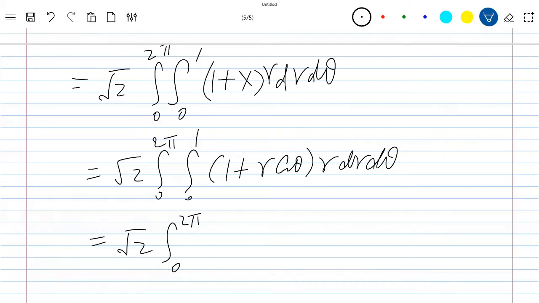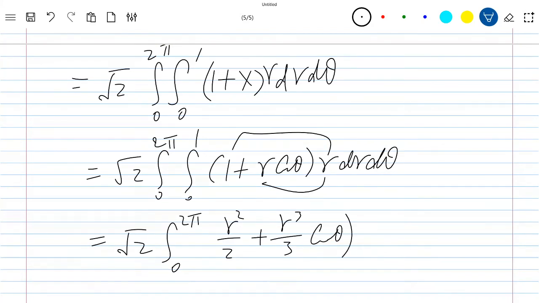Then you can see it's integration over r first. Times r, you get r squared over 2, then times that, you get r cubed over 3, and then it times cosine theta, from 0 to 1.